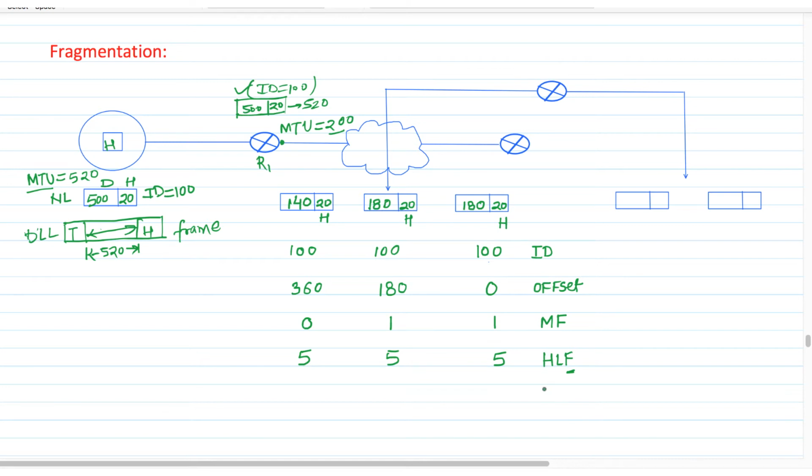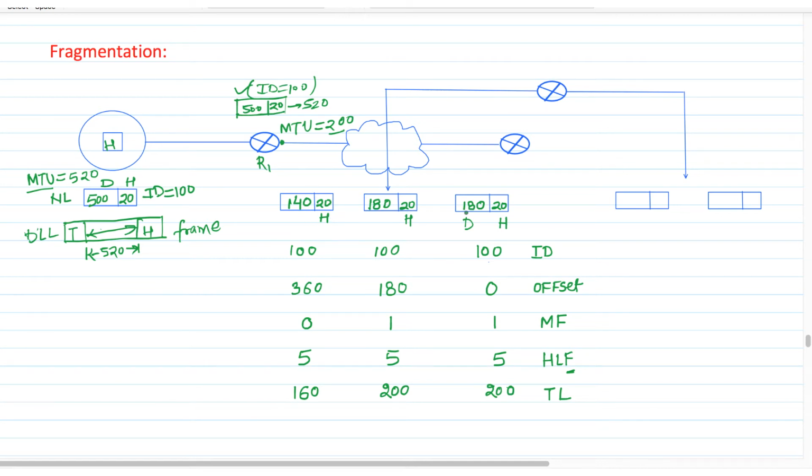The total length field is the length of data plus header both. So the total length is 200 for the first fragment. For the second fragment, the total length will be 200, as 180 plus 20. For the third fragment, the total length will be 160, which is 140 plus 20.